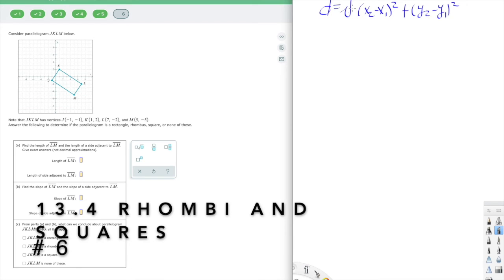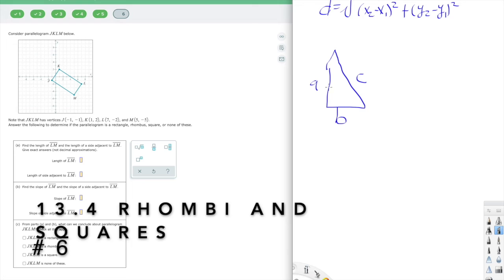This actually comes directly from the Pythagorean theorem, where we have a squared plus b squared equals c squared. If I draw down and over, making this right angle here, I would have a, b, and c. C is actually the length of JM. I know I didn't draw the diagonal perfectly, but it's just the picture. So I'd have a squared plus b squared.